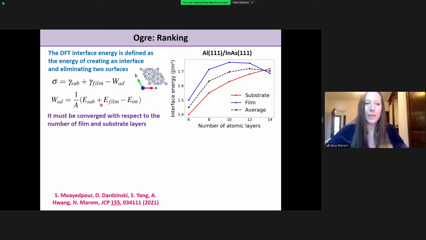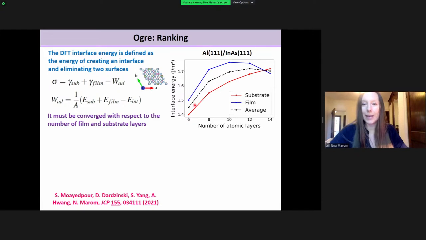This interface energy has to be converged with respect to the number of film and substrate layers. The reason is that you need the number of layers to approach the bulk limit in order to get the asymptotic value of the interface energy.